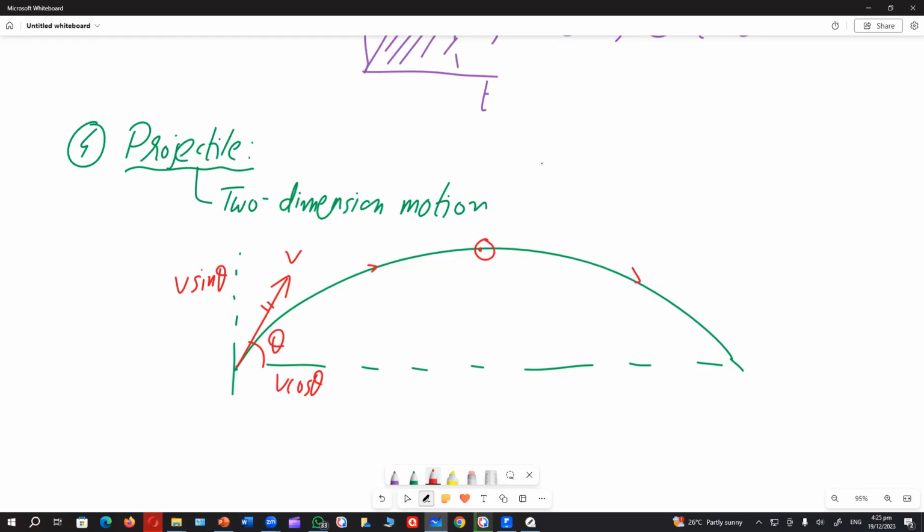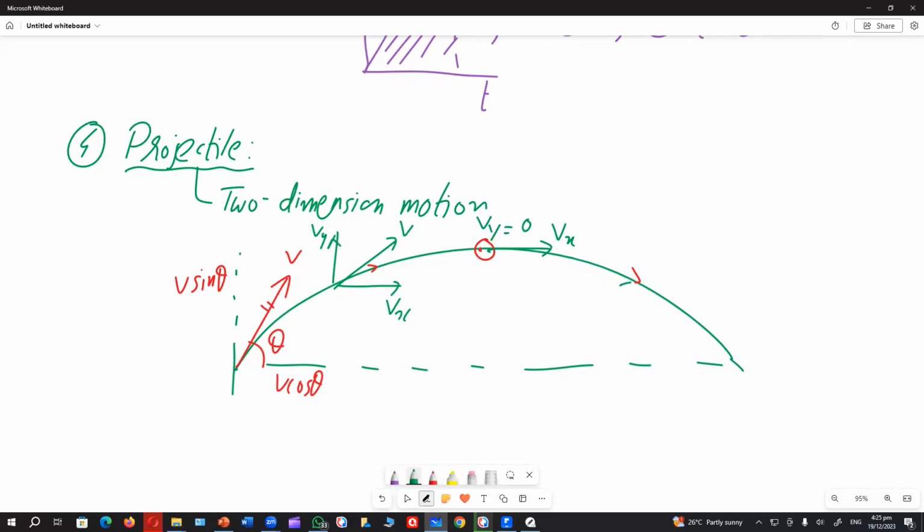As the projectile moves forward, the horizontal component of velocity, which is Vx, doesn't change. Vy decreases. At the highest point, the x component is still there, but the y component becomes 0.